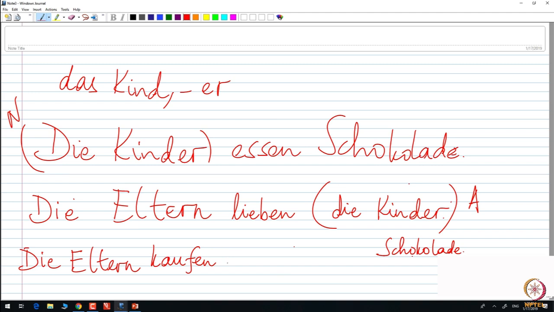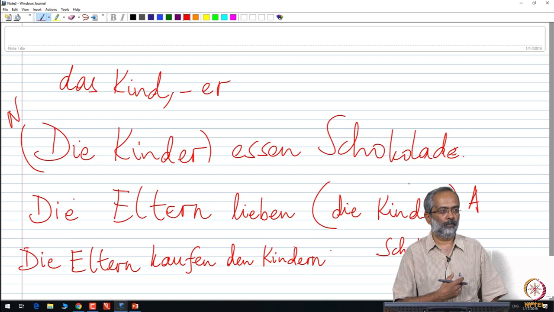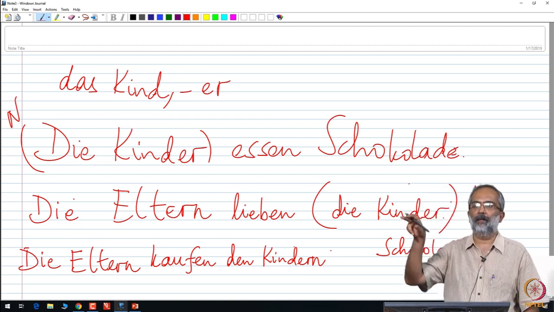Also, den Kindern. Die normale Pluralform ist Kinder, aber hier ist Kinder Dativ, also den Kindern. Wir nehmen ein extra n dazu. Ja? Die Eltern kaufen den Kindern Schokolade.